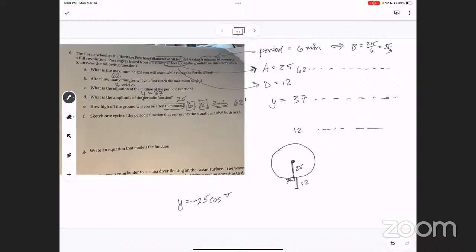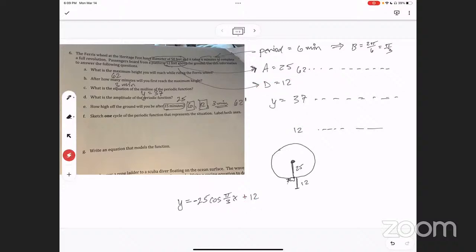So negative 25 cosine of pi over 3 x plus 37. No, plus 12. Because d is 12, right? Because you're starting at the bottom.